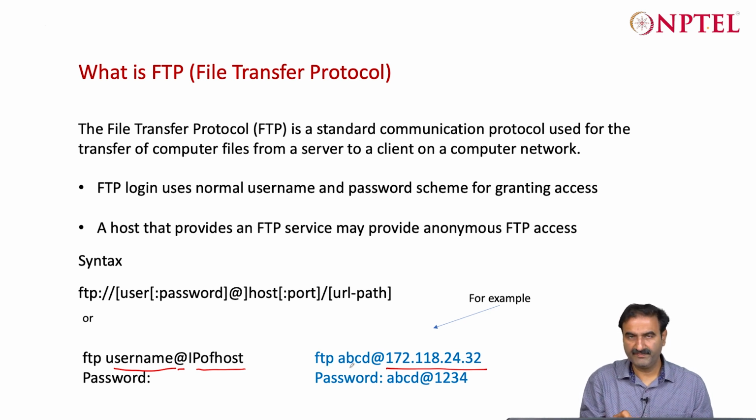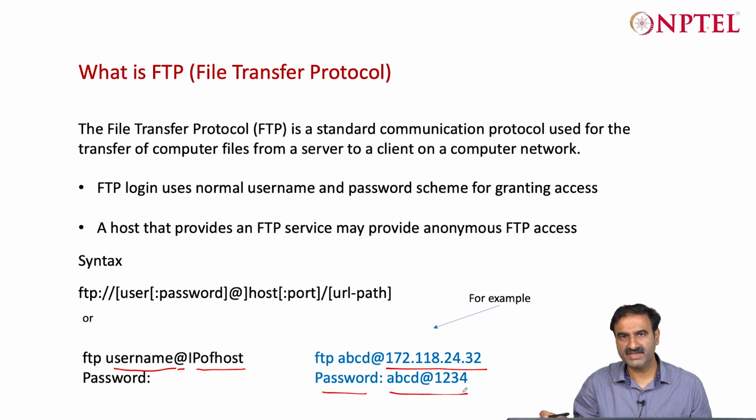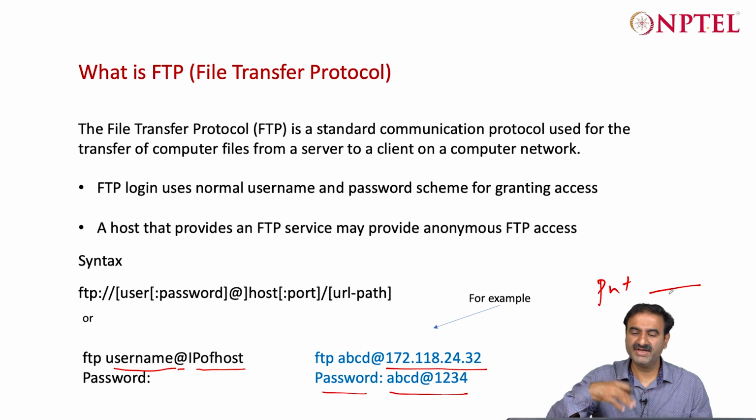So you write the FTP name at the IP address, and then you will be prompted for a password, and you write the password. This way you are connected to the machine, and then you can put your data by saying put this file which is there in your local directory. So basically the external machine is now connecting to a local folder from where you initiated this FTP.